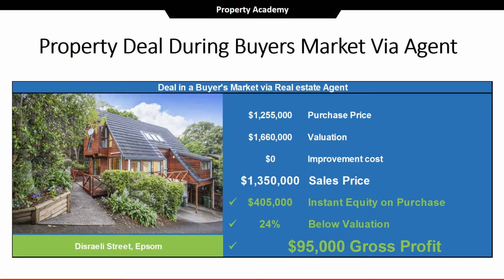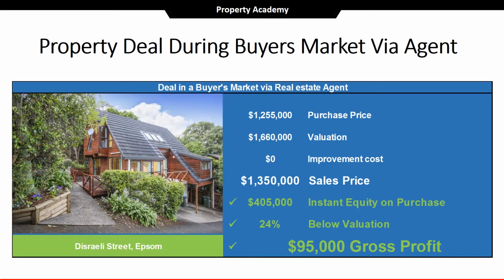So I ended up taking that profit, and I was very confident from the very beginning because I knew that my purchase price compared to the valuation, the instant equity spread, was about 405,000. I know that seems insane on the numbers, but it really was what instilled the confidence in me to put my hand up for $1,255,000.